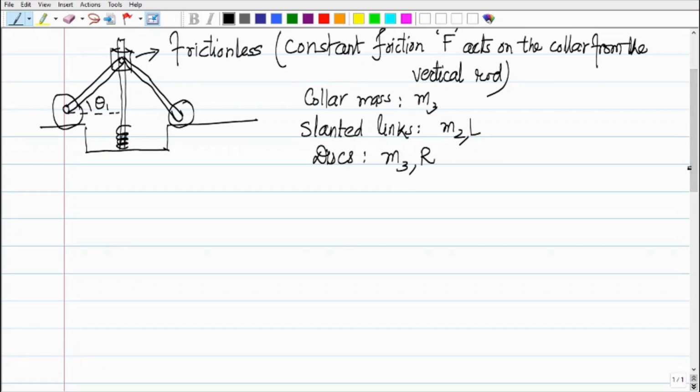The interesting thing here is that the velocity of collar, for example, will define the velocity of the two links as well as the disk. See, it's given that the disk is undergoing rolling without slip. So there is sufficient friction between disk and the ground.